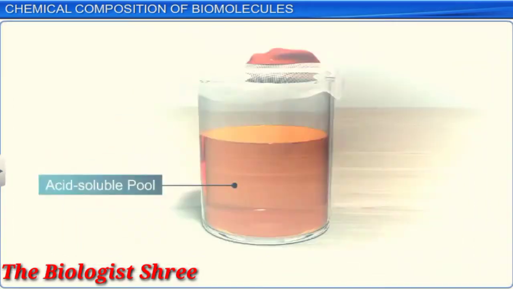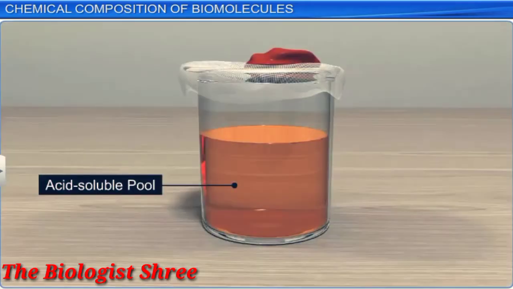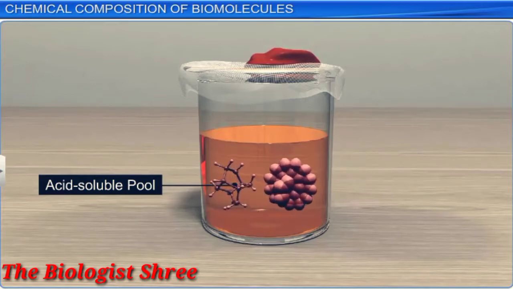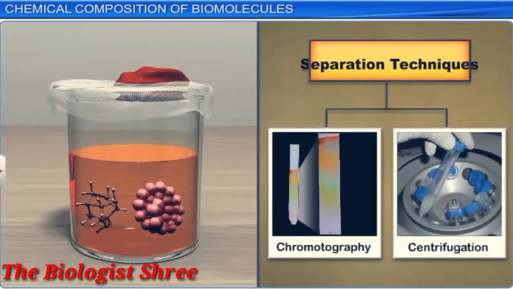The acid-soluble pool contains organic compounds. Once a compound has been extracted, the next stage is to separate one compound from the others using separation techniques such as chromatography and centrifugation.